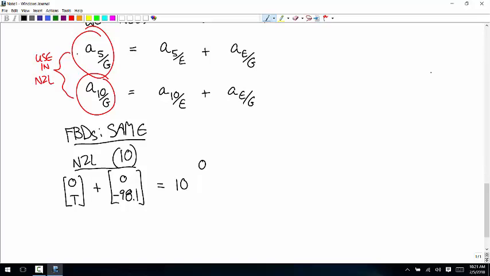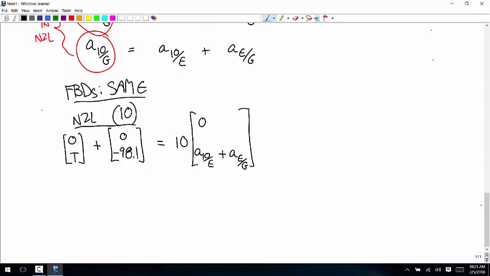And the y acceleration we're going to break up into these two: a10 relative to the elevator plus elevator relative to the ground. And this is just given in the problem.